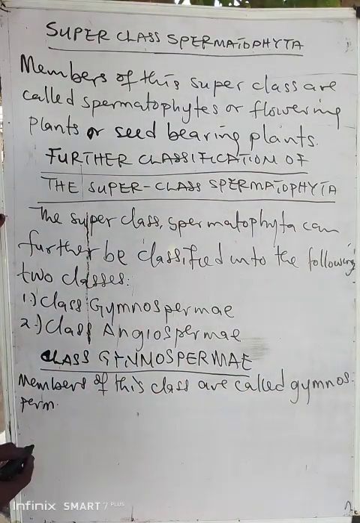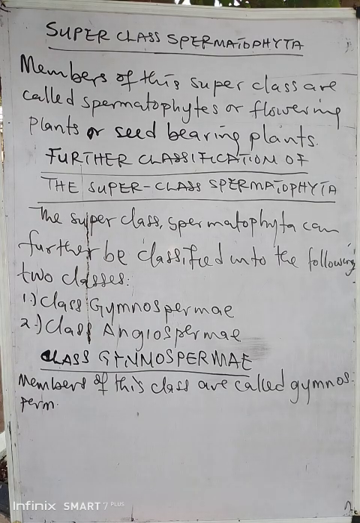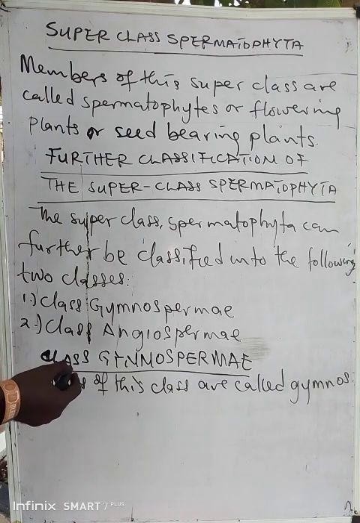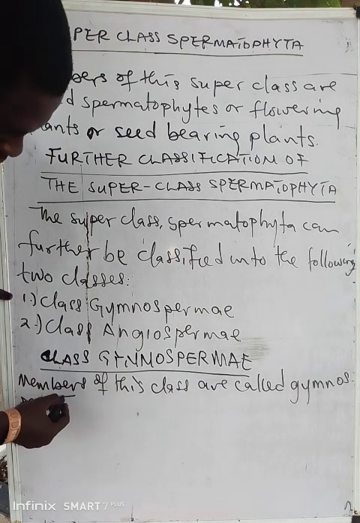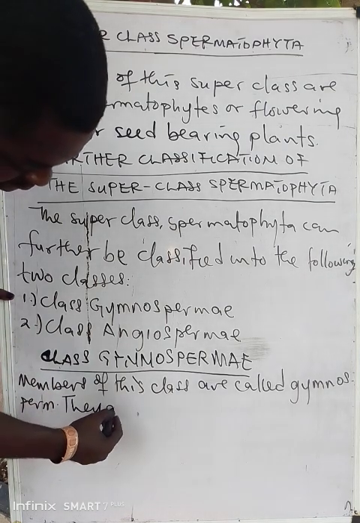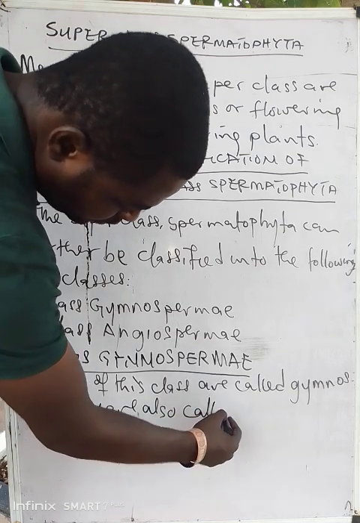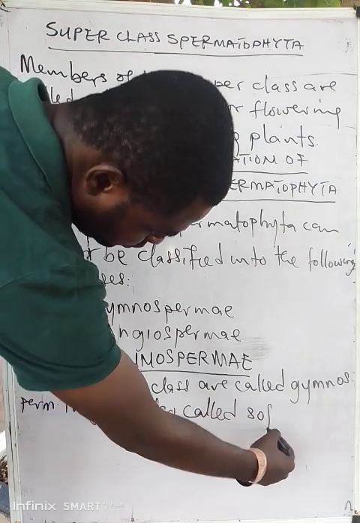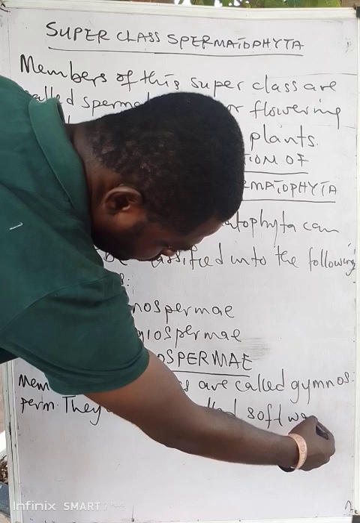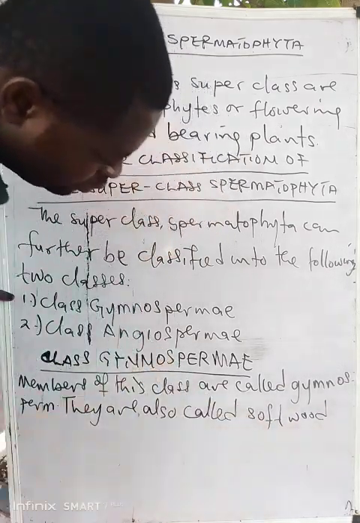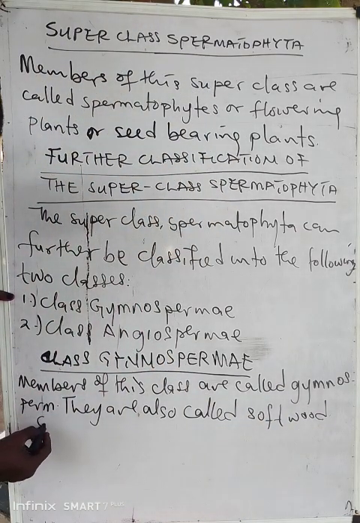They are called gymnosperm. So they are also called, yes, they are woody plants. But what type of wood? They are called softwood. So let's look at their general features.